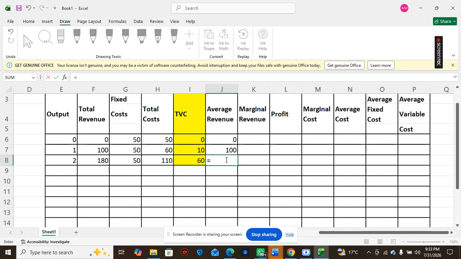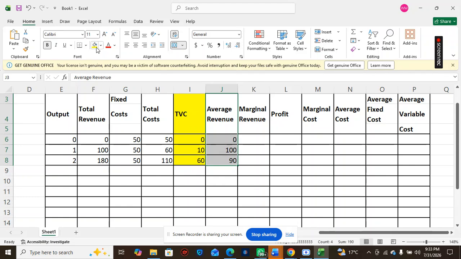When we produce 2 units, total revenue 180 divided by output 2 gives 90. So that is our average revenue, the revenue per unit.